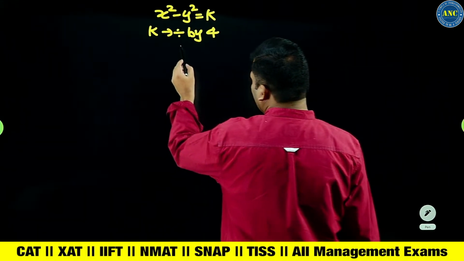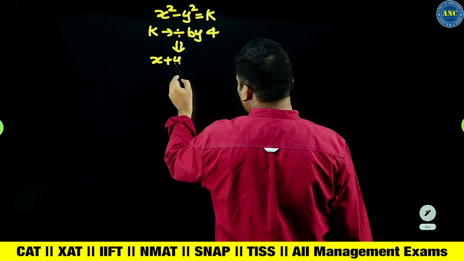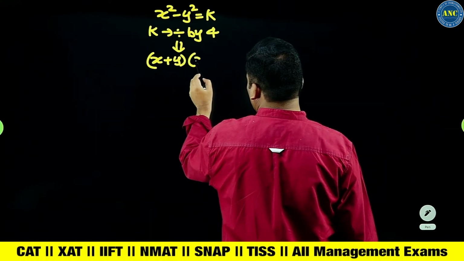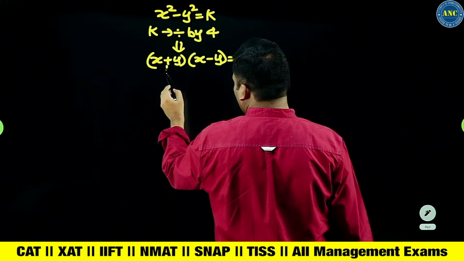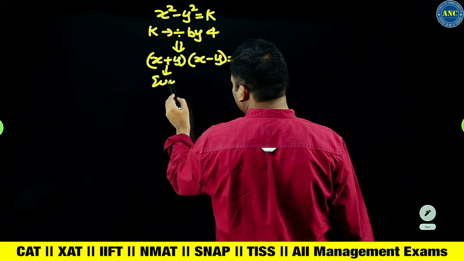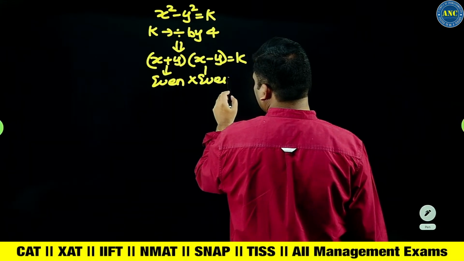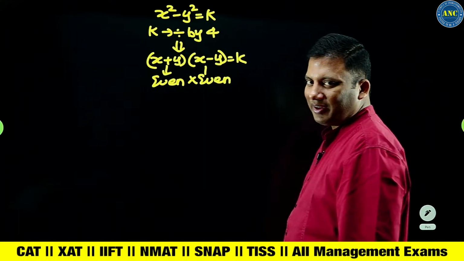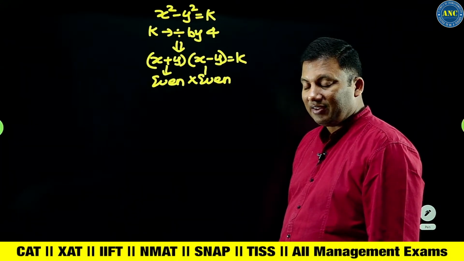When will it be divisible by 4? When (x plus y) into (x minus y) is equivalent to k, when x plus y is an even number and x minus y is also an even number.